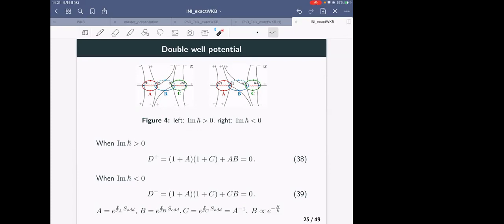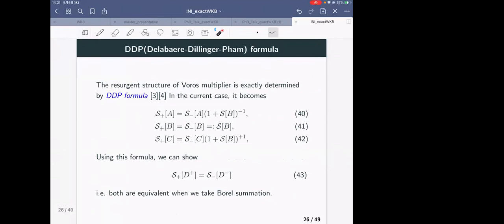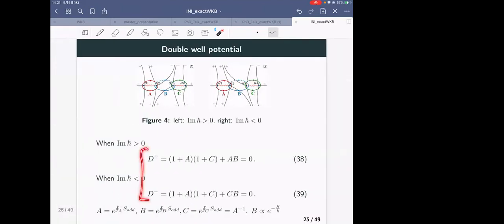And A, B, and C are defined like this. This A cycle and the C cycle are just the inverse of each other. And the B cycle is proportional to this exponential decay factor. And as I said, the results look different.